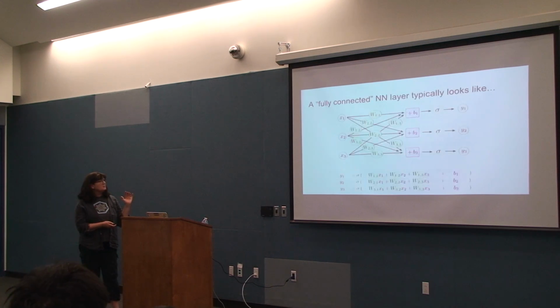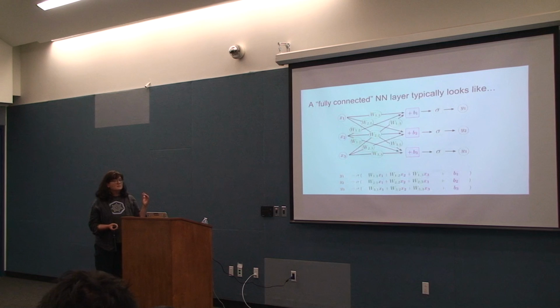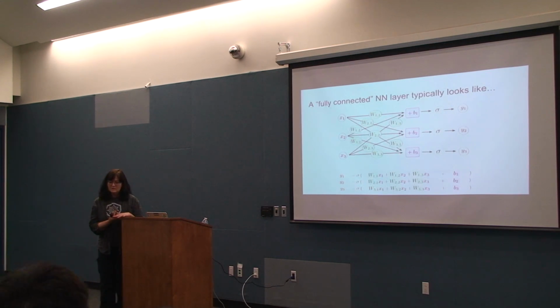And so, when people talk about feed-forward neural nets, which is a very common type of neural net, often called a fully connected neural net, typically each layer is doing something like what I just showed.